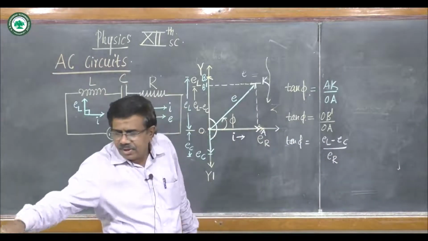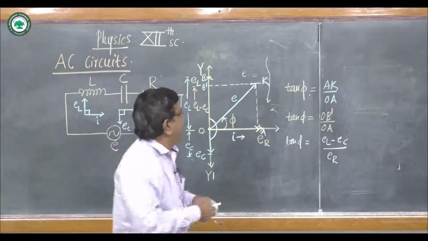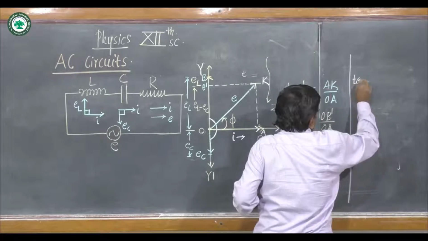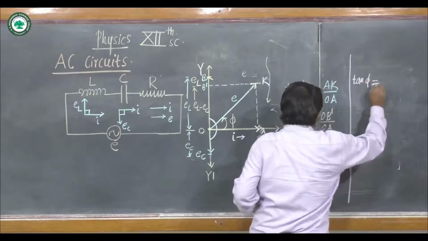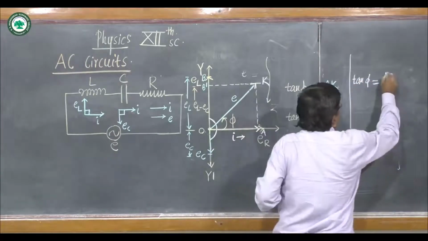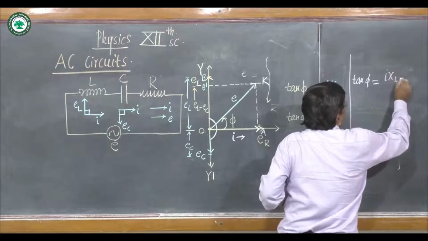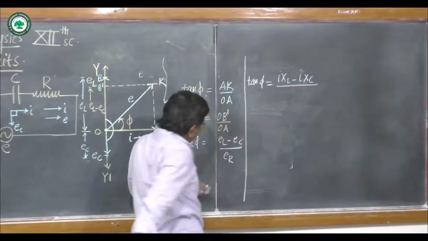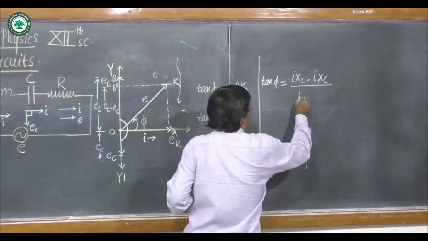But again we know EL is IXL, so tan phi is (IXL minus IXC) divided by ER, which is IR.